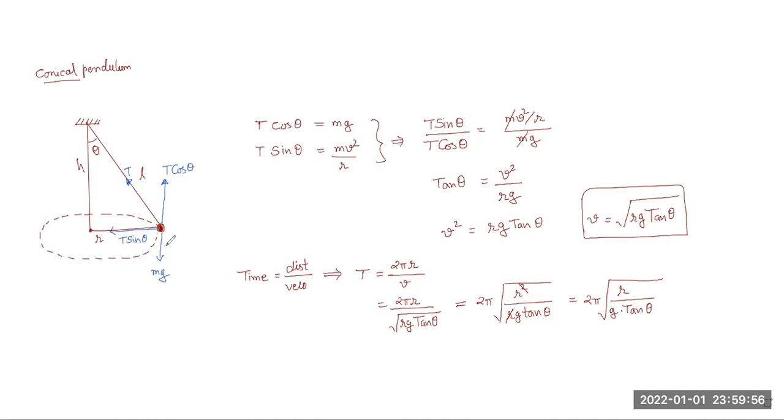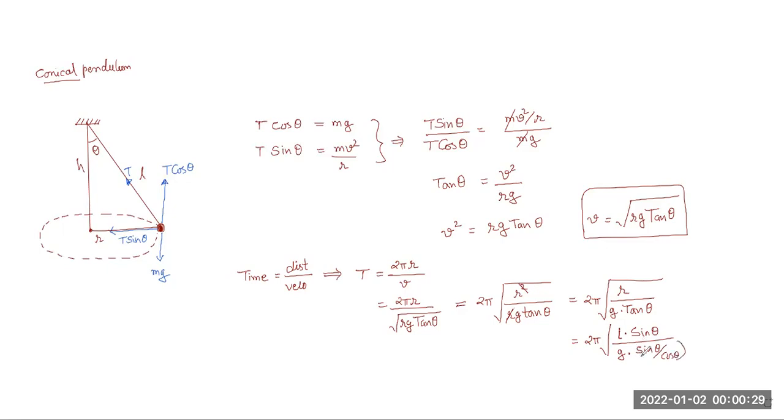But if we look at this r, it can also be written as L sine theta, so root of L sine theta divided by g tan theta. We can write tan theta as sine theta divided by cos theta.